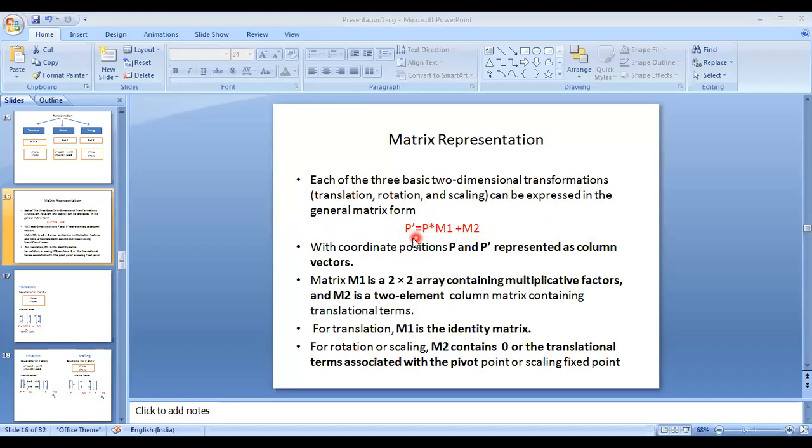Keep this equation in mind, and we shall see how it can be used to represent all three basic transformations in matrix form. Then I will describe what these terms are.